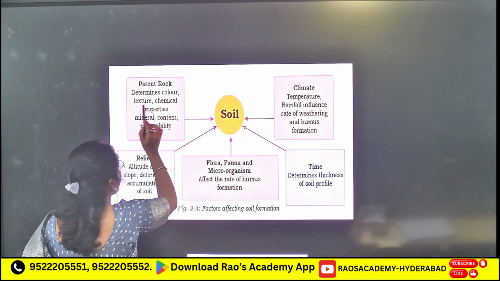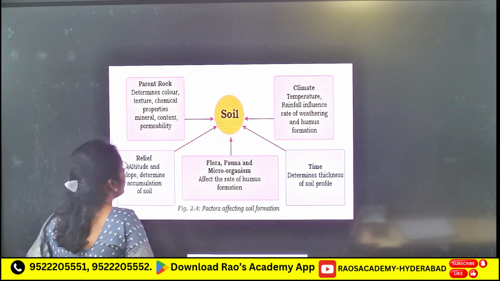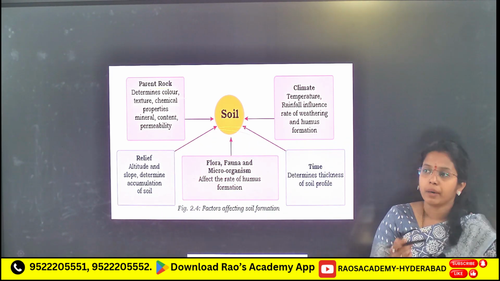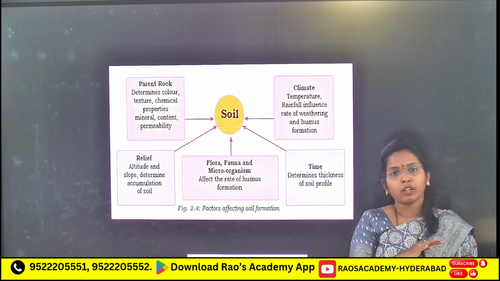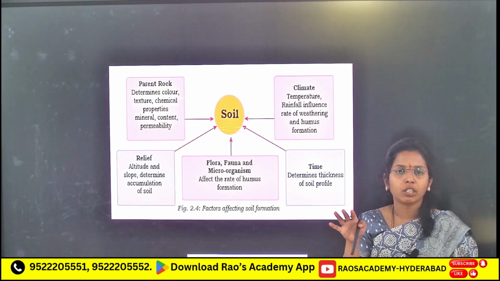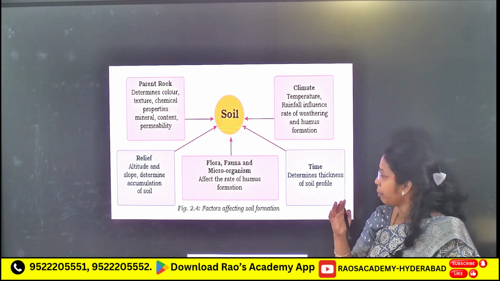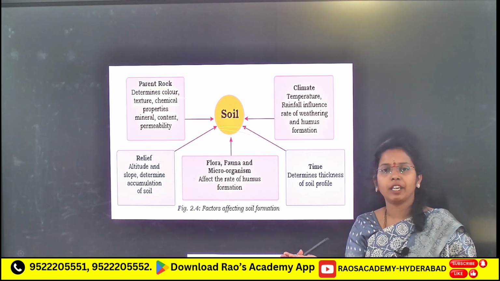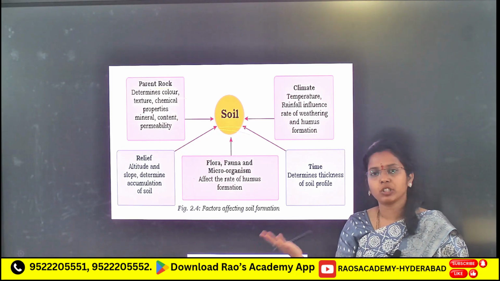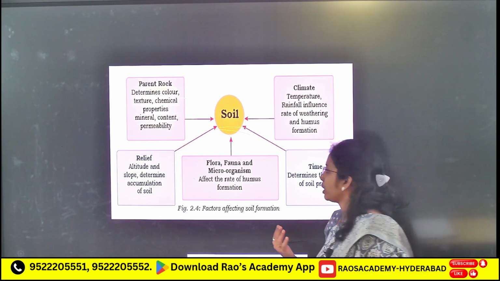Parent rock determines the color, texture, chemical properties, mineral content and permeability. But even with the same parent rock, identical soil formation you do not see, it differs. Even if parent rock differs, soil differs. Soil will have one composition and parent rock will have some other composition.